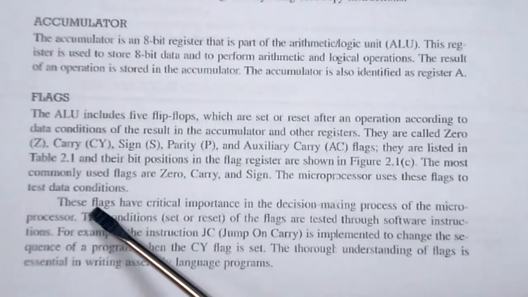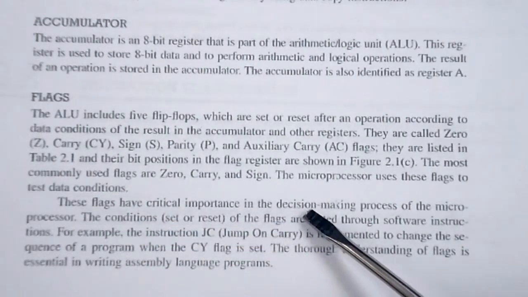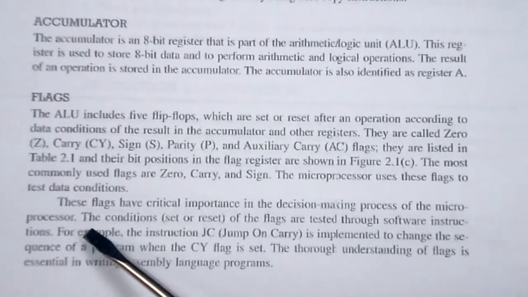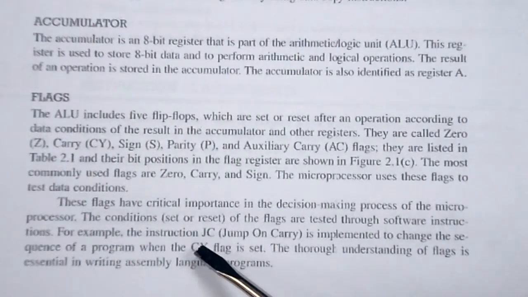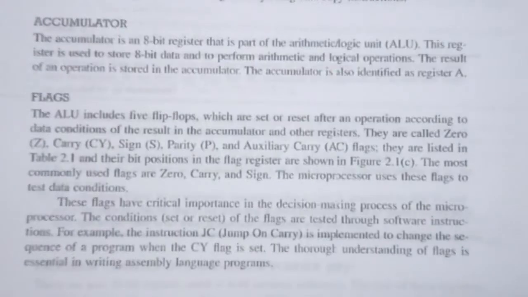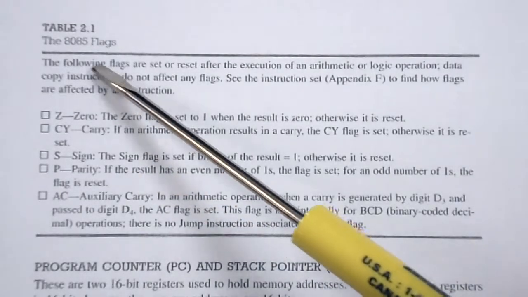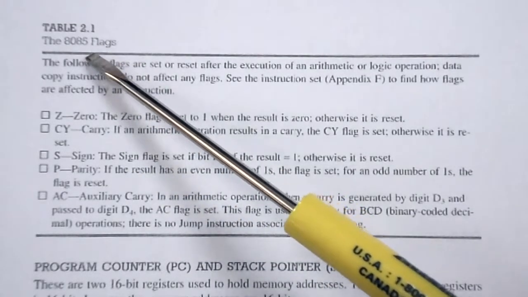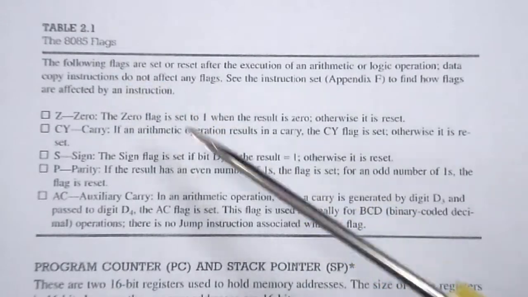It says these flags have critical importance in the decision-making process of the microprocessor, and they give you an example of the jump on carry. So far we've just looked at the jump command, a straight command that jumped back to FF01. In this case it's going to be a decision-making command, and we have that to look forward to in a later lesson.